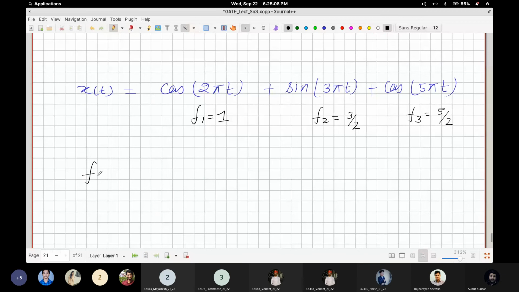So F0 will be the HCF of F1, F2 and F3, right?